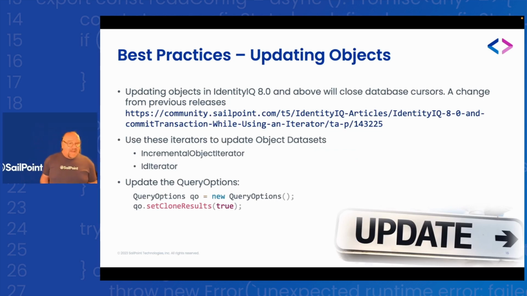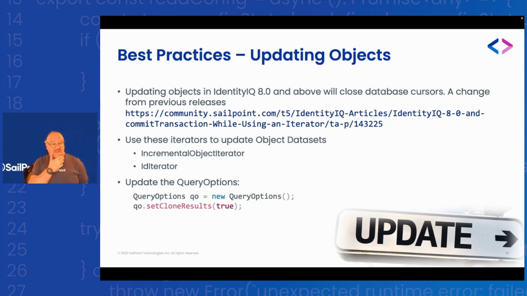There's a paper on Compass about IdentityIQ 8.0, and when you've got a database cursor open, if you do an update and then a commit transaction, you could end up with the database cursor closing for your next iterator and it blows up. This is a Hibernate thing; the update to Hibernate actually did this.